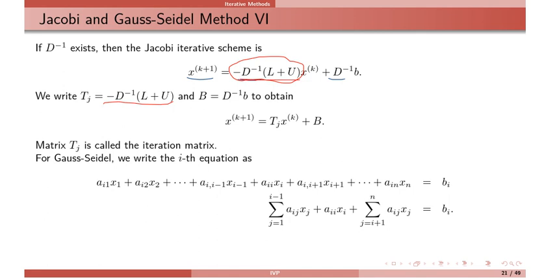So x^(k+1) equals T_J x^k plus some constant, that constant is D inverse b, denoted by B. So finally you have x^(k+1) equal to T_J x^k plus B, and this is the matrix form of the Jacobi method, and T_J is called the iteration matrix, and you have to memorize the formula of T_J. So what is T_J? T_J is minus D inverse (L plus U).